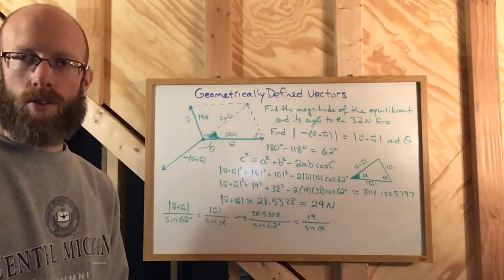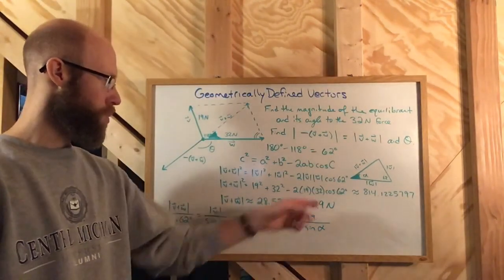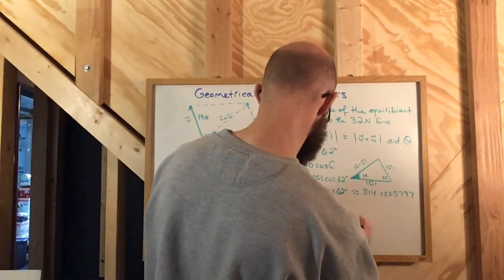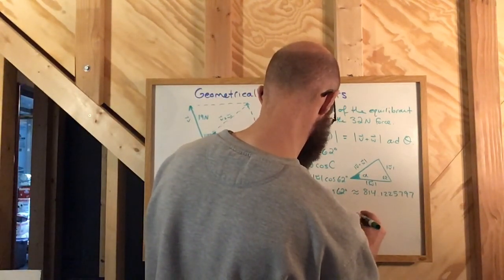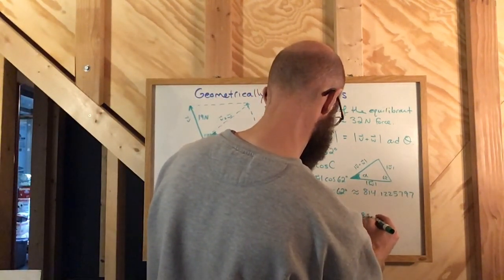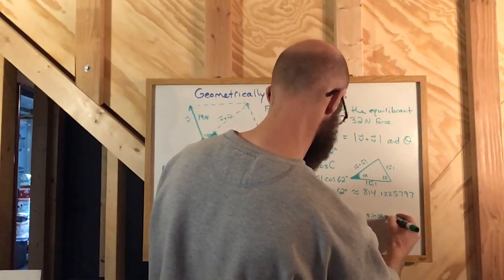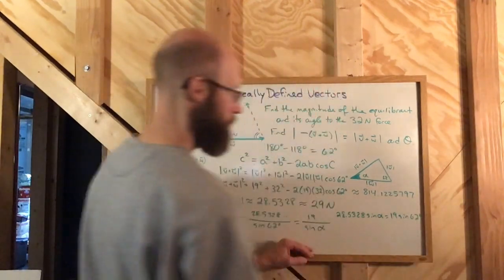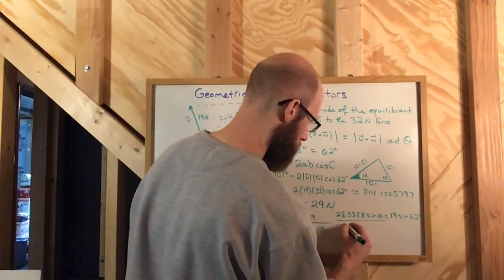And I want to solve for alpha. I'm going to cross multiply and divide out. So it's going to be 28.5328 times the sine of alpha is equal to 19 times the sine of 62, and then divide out by that 28.5328.